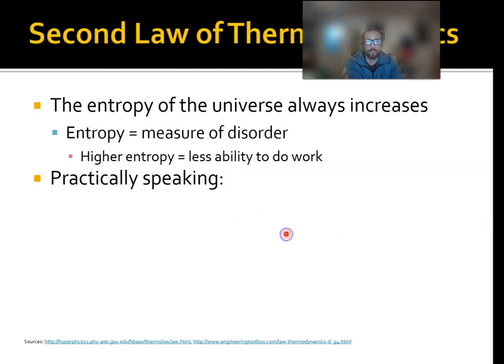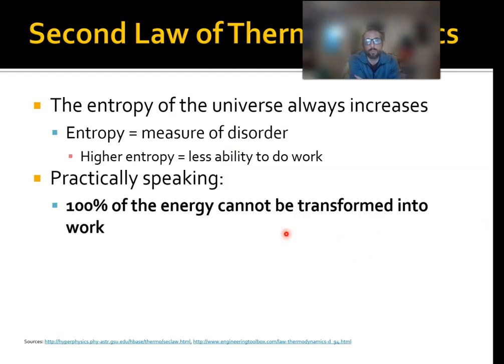Number one, that 100% of the energy cannot be transformed into work. In other words, if you convert energy from one form to another, or if you use energy to do something, which implies that you're converting it, it can never be 100% efficient. Okay, so you always have some loss. So if you look at a furnace or a boiler or whatever, it's always going to be less than 100% efficient.